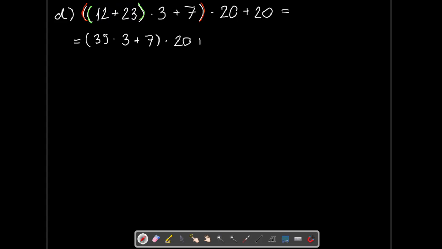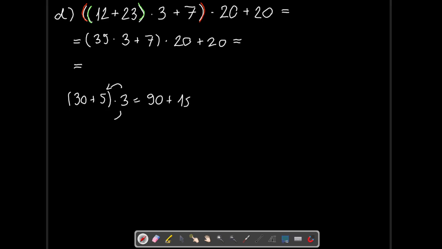Now we only have one bracket left. Inside of it we need to solve the multiplication first. 35 times 3. So 35 times 3 is 90 plus 15.